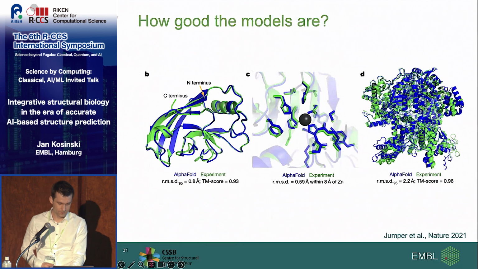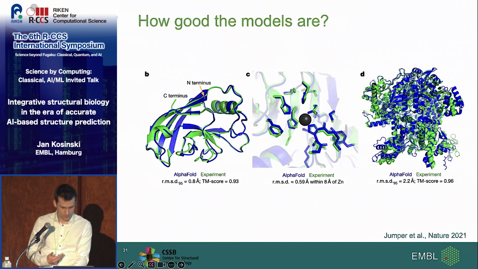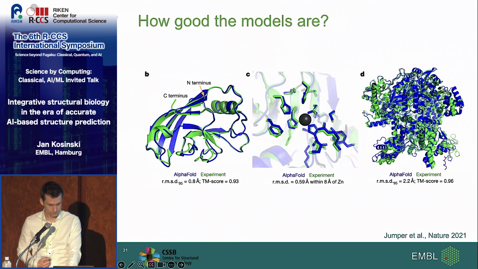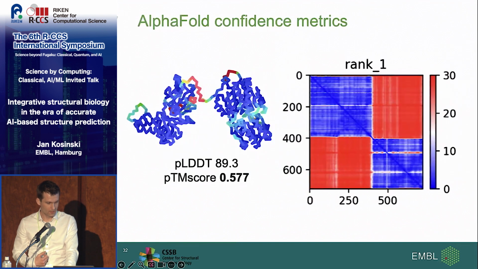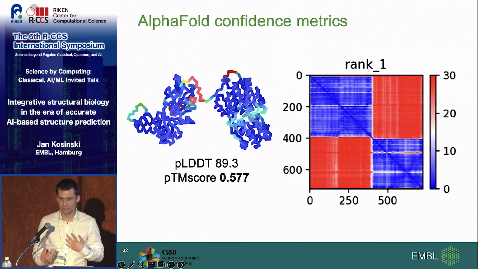How good are the models? This is a comparison from the AlphaFold paper that was later published, with the green structure being the experimental structure and the blue structure being the model. In many cases, they were virtually indistinguishable from experimental structures. AlphaFold also provides confidence metrics, so we can actually assess whether to trust the model or not.